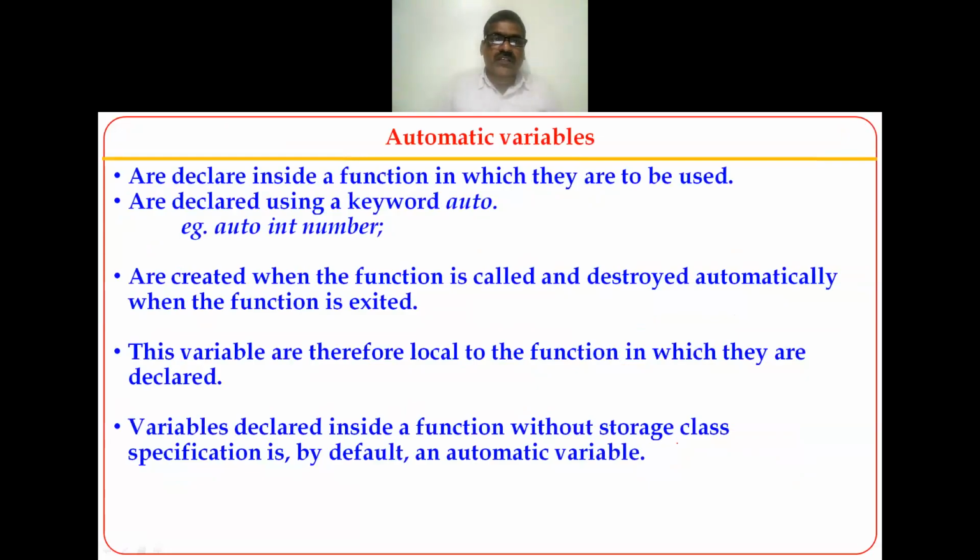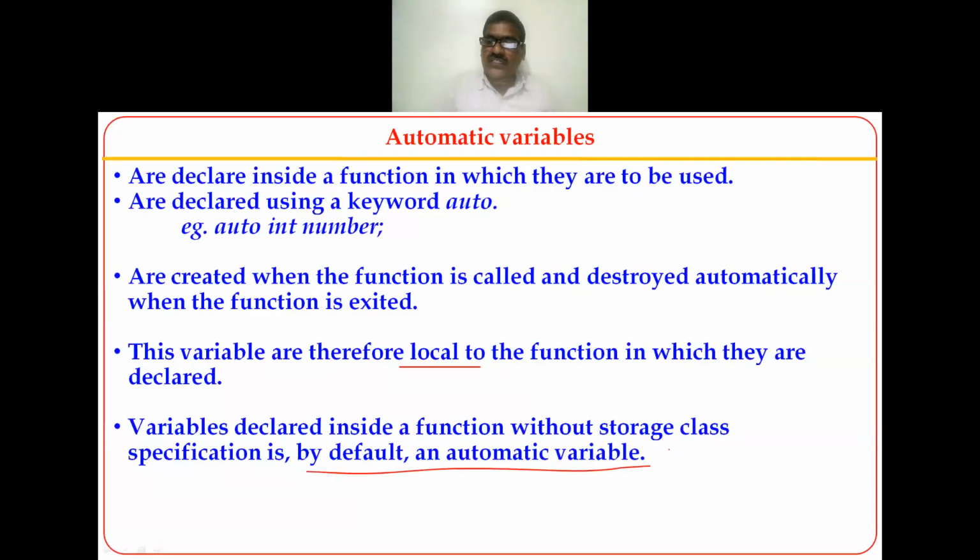Automatic variables are declared inside the function in which they are to be used, using the keyword auto, for example auto int number. These automatic variables are created when the function is called and destroyed when the function is exited. These variables are therefore local to the function in which they are declared. Variables declared inside a function without a storage class specification are by default automatic variables.